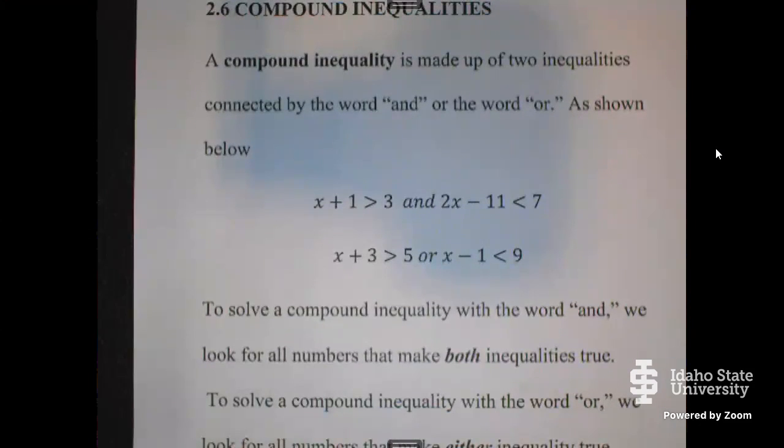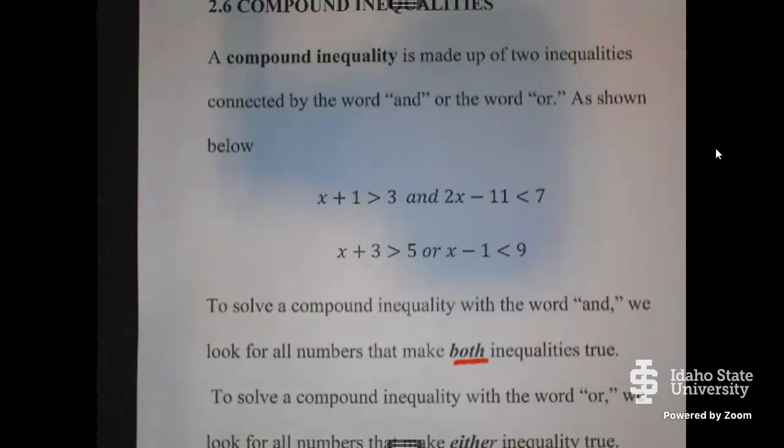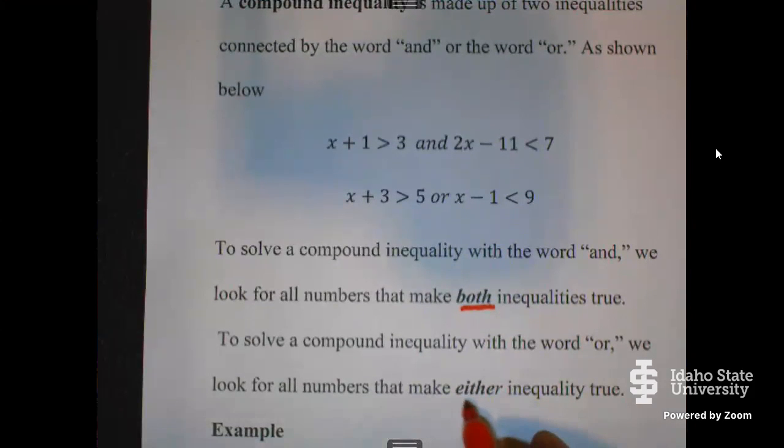To solve the compound inequality with the word and, we look for all the numbers that make both the inequalities true. Both should be true. Then for the or, we look for either inequality being true.